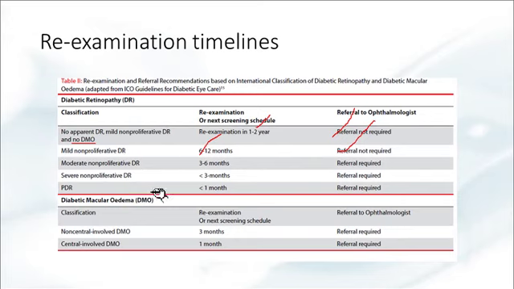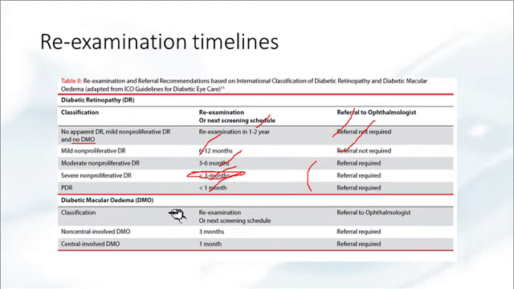Once you get to moderate, severe, and of course proliferative diabetic retinopathy, then always referral is required, and screening should be, if it's moderate non-proliferative, every 3 to 6 months, if it's severe non-proliferative, every 3 months, and if it's proliferative diabetic retinopathy, within a month. Severe non-proliferative is less than 3 months, and proliferative is less than 1 month. My mistake.